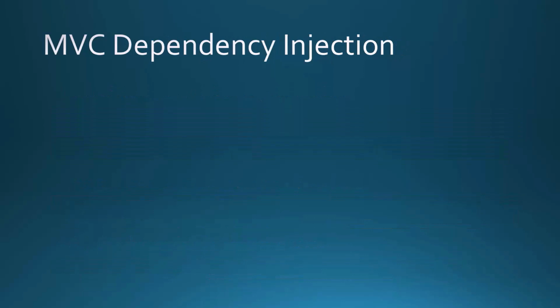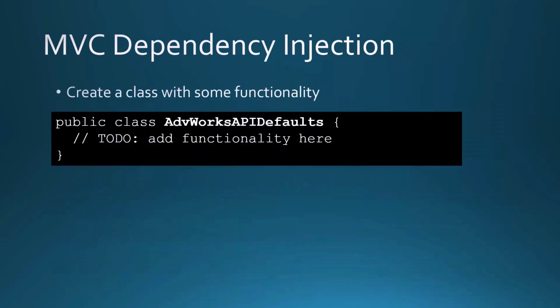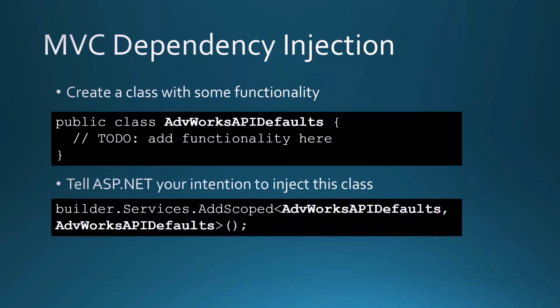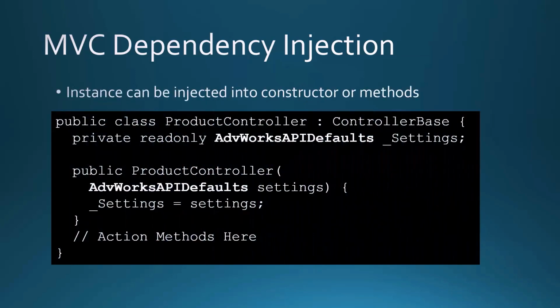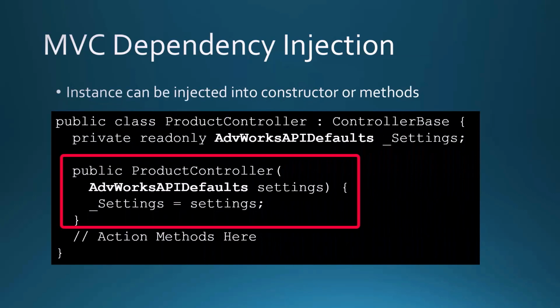Dependency injection works very similarly in MVC and Minimal Web API. You create a class with some functionality, like the AdventureWorks API defaults you see here. You tell ASP.NET your intention to inject this class by adding that class to the services collection, and then that instance can be injected into a constructor or into a method.